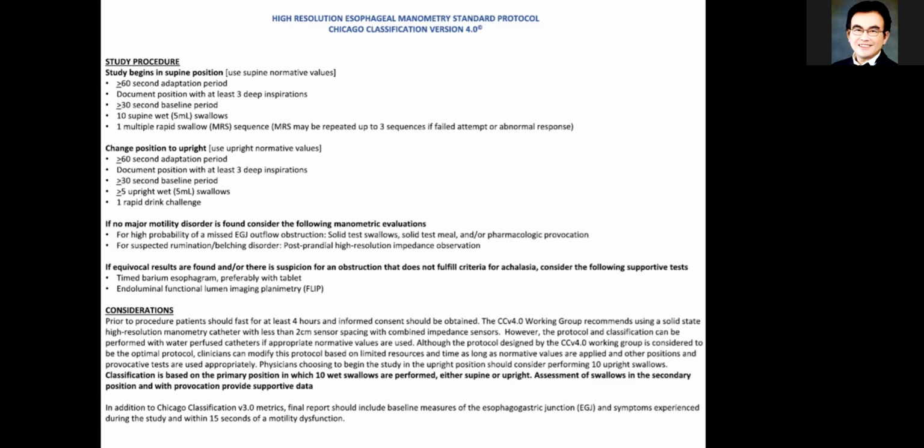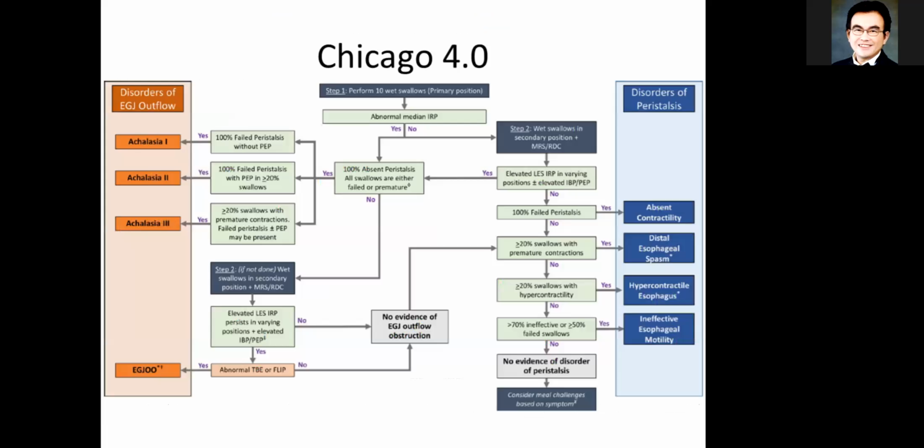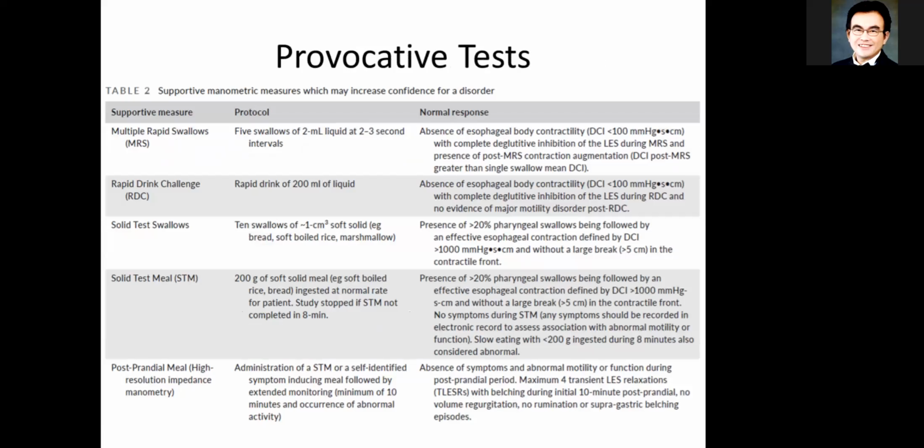So I think for this particular Chicago classification, they emphasize using certain provocative tests to support some of these inconclusive findings, so to speak. So I think it's quite important to incorporate those into our protocol now. But as for pharmacological intervention, to be honest, I think not all units would have amyl nitrite or even cholecystokinin.